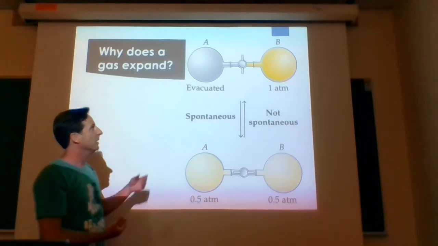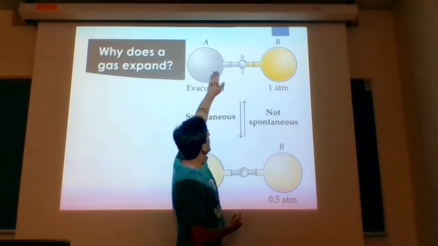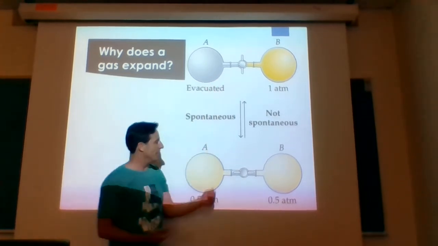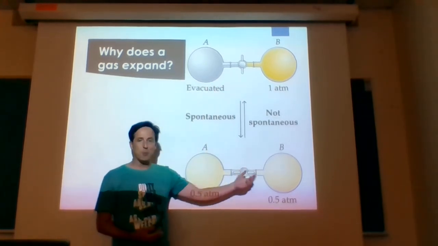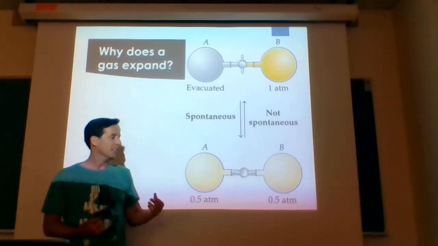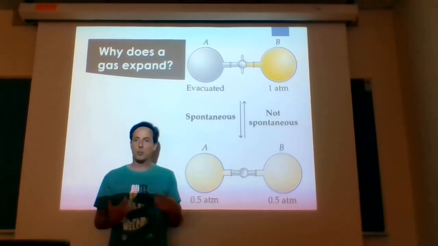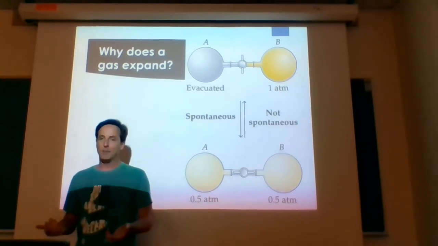Well, basically, some of the gas from the right side will pass through the valve and get to the left side, and we're going to end up with some of the gas on both sides. And what we will notice is it's pretty much spontaneously going to go to the point where the pressure of the gas on each side are going to be about equal. Why is that?